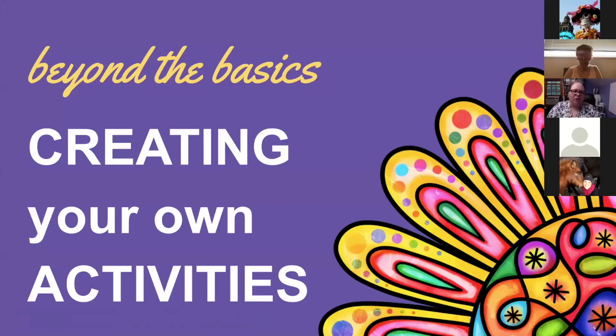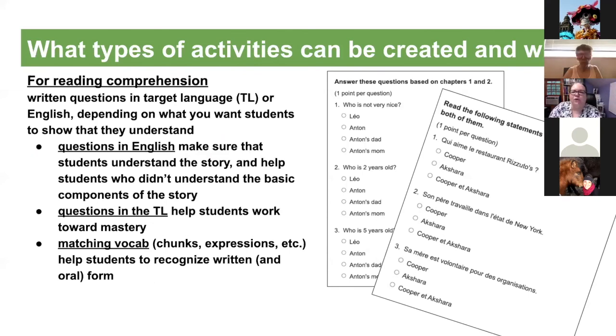You may also want to create your own activities. So we're going to talk a little bit about different types of activities and why we created them. Sometimes we wanted to help students with their reading comprehension. So sometimes we would have questions in the target language, which for us was French, or sometimes questions in English, depending on what you want the students to show that they understand.